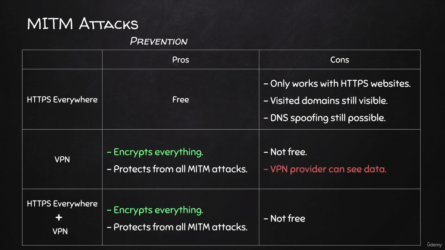Therefore, even the VPN provider will not be able to see what we send or receive, because it'll still be encrypted with TLS. So the only downside to using HTTPS Everywhere with a VPN is the fact that you have to pay for the VPN service.